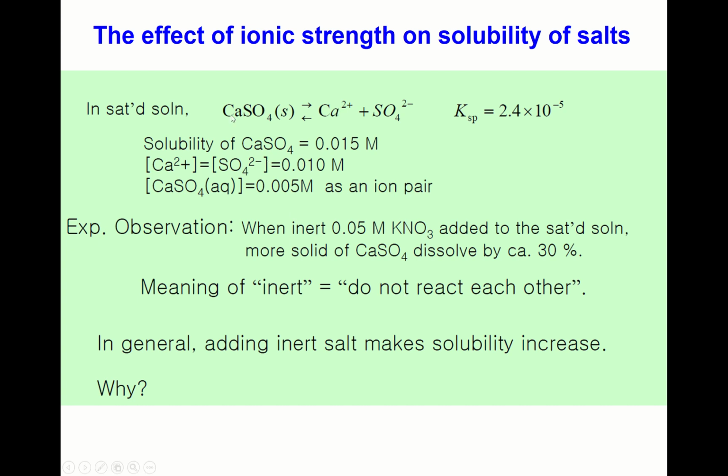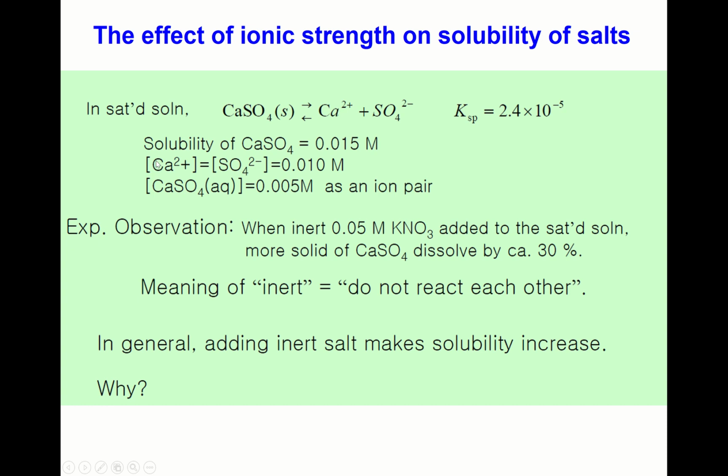Let's consider the effect of ionic strength on the solubility of salts. Let's consider the solubility of calcium sulfate. Calcium sulfate is not very soluble in water, it is sparingly soluble. The Ksp of this compound is 2.4 times 10 to the minus 5, a small value.